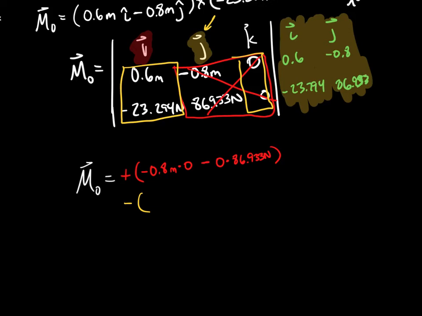That's the one tricky thing about this. So I'm going to do a cross again: down like this, 0.6 meters times 0, and then back this way, 0 times negative 23.294 newtons.